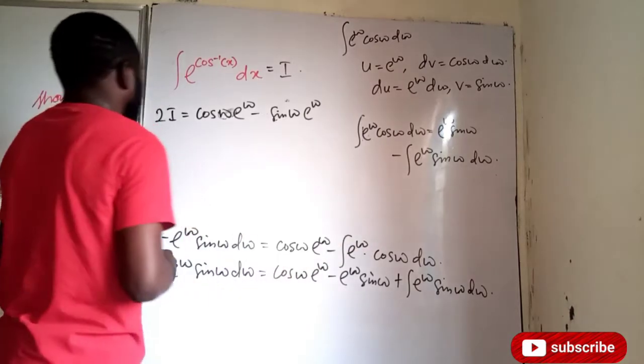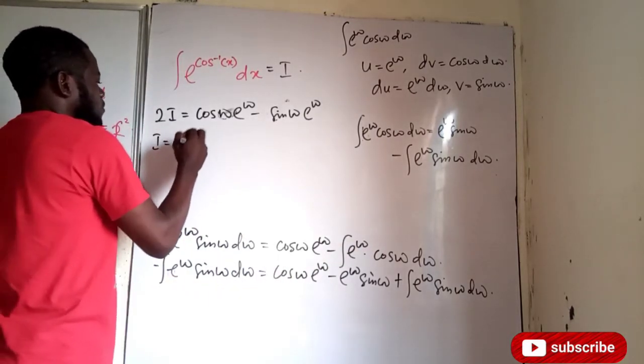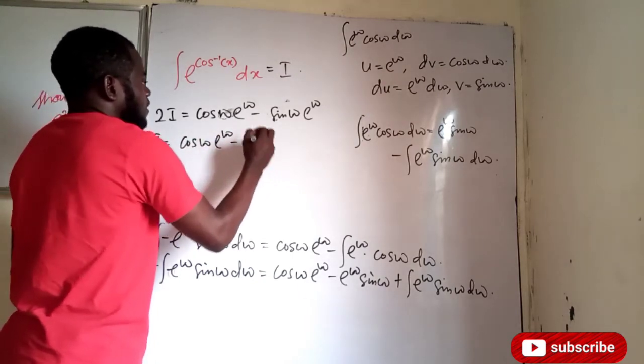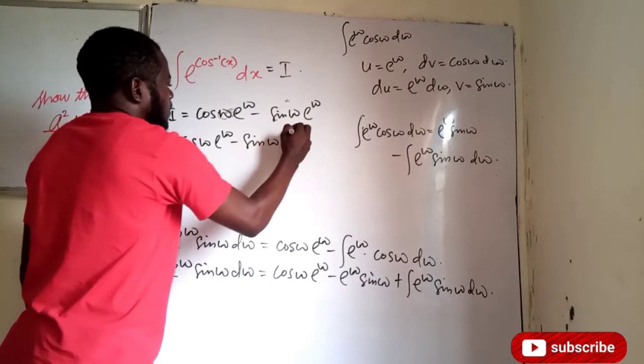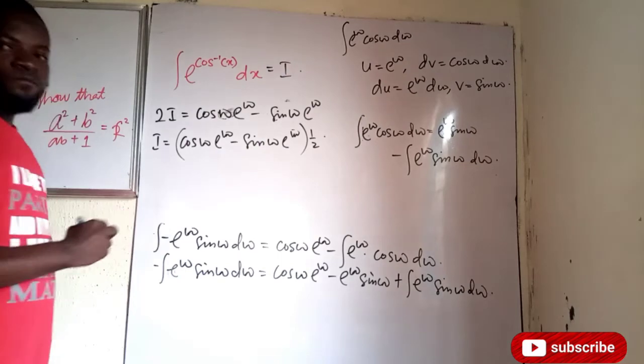You know, this already comes down here, hence I will have that I is equal to cosine of w e to power of w minus sine of w e to power of w, all times half.